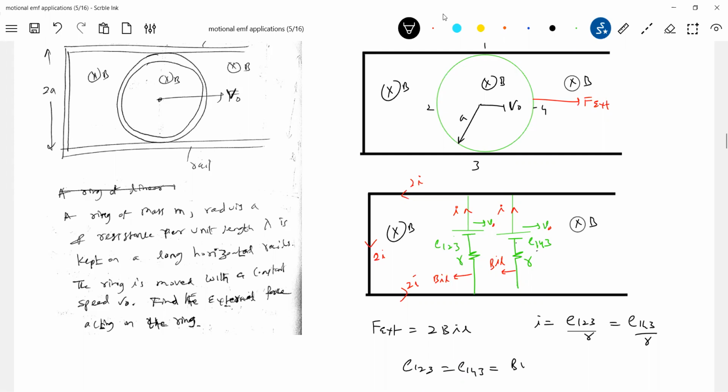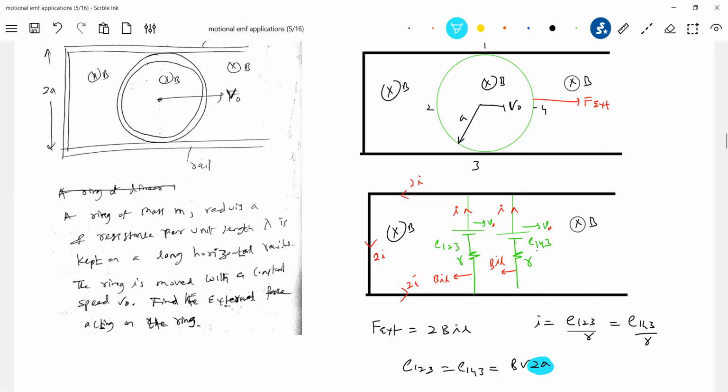Effective length, BV into 2A. What is the effective length from 1 to 3? So where shall I write pi A or 2A? Look at this part. It should be 2A, no? The effective length, not pi A. Substituting that, we'll get the external force that should be applied.